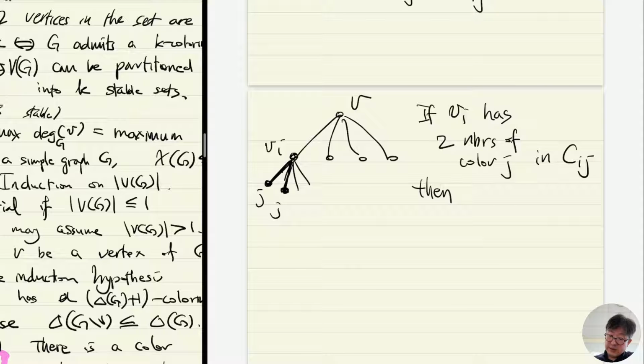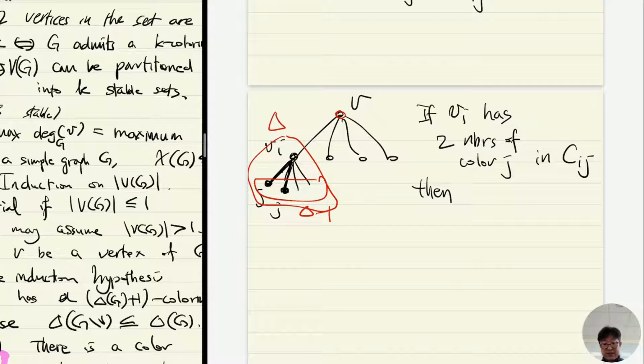Then here you have delta minus 1 neighbors other than V, right? Then out of delta minus 1 colors, okay, so this is delta minus 1, so that's delta.